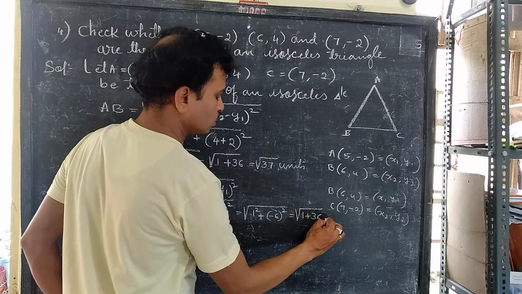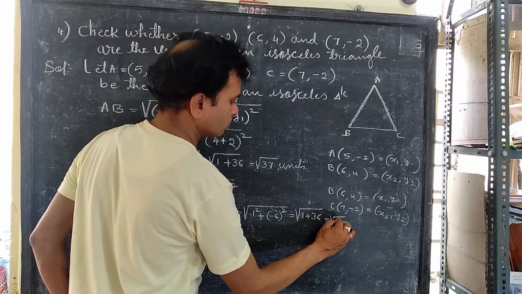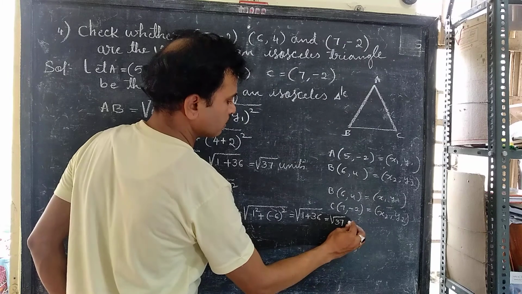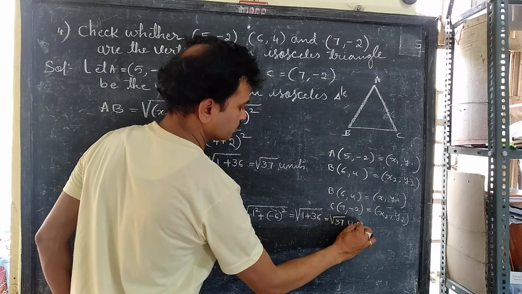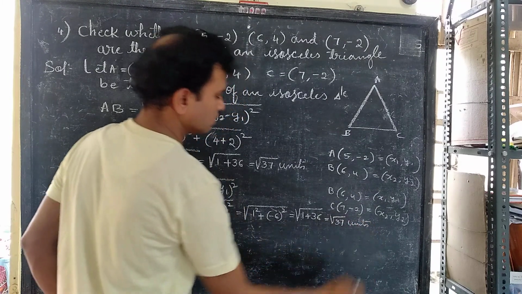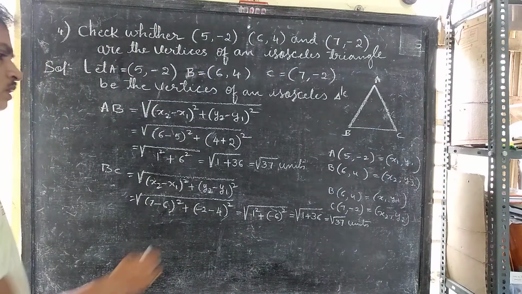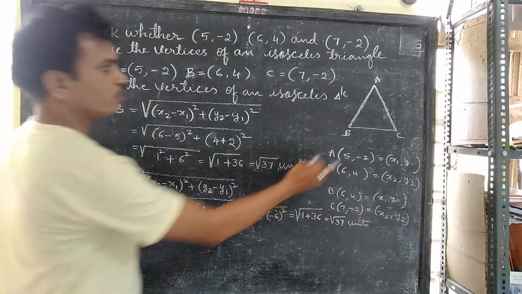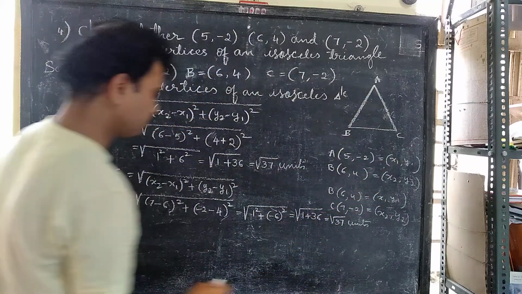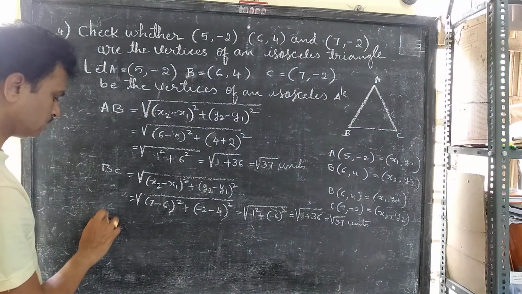So this is equal to square root of 37 units.